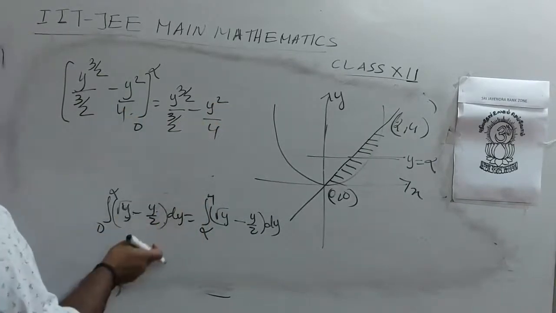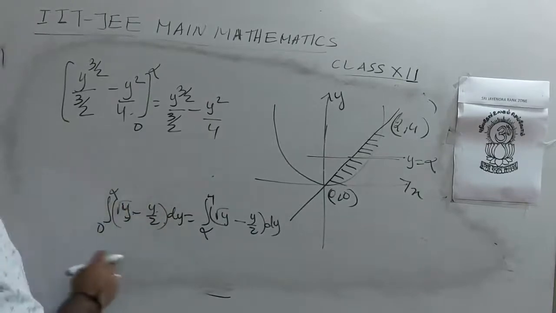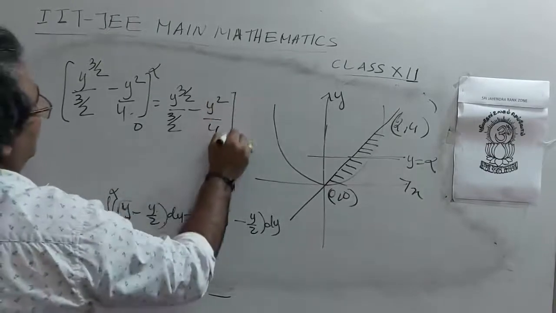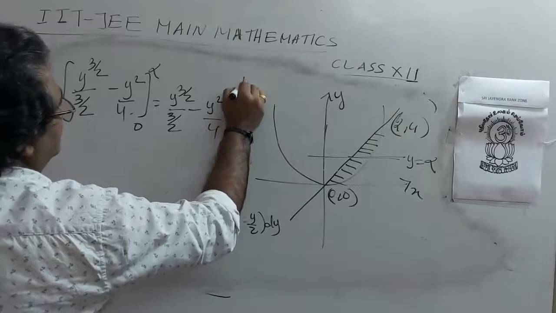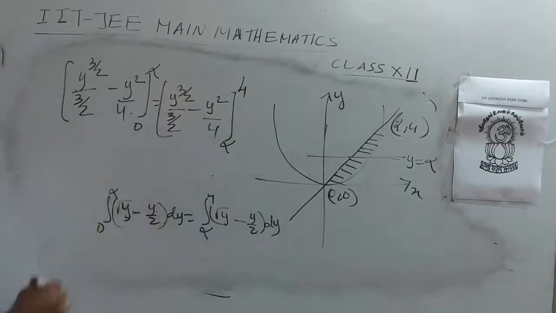For y square by 2 already we have 2, that is y by 4, y square by 4, alpha to 4.